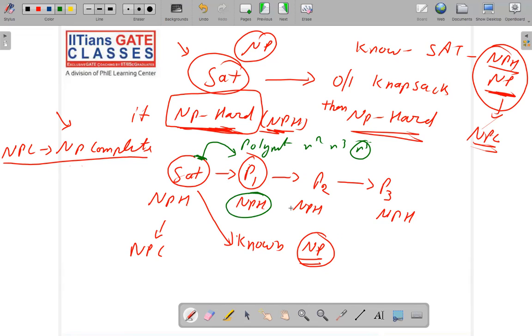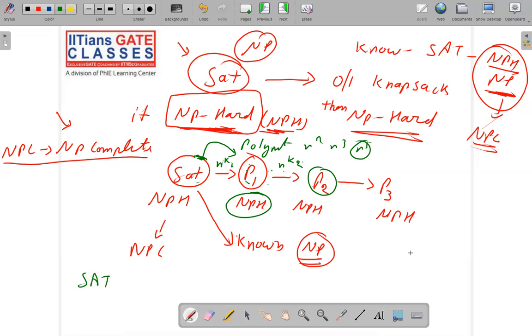Now, if P1 is reduced to P2 polynomially, for example, it will take n raised to power k1, and n raised to power k2. SAT can be reduced into P1 with n raised to power k1. P1 can be reduced into P2 with n raised to power k2. So how much time will it take transitively?